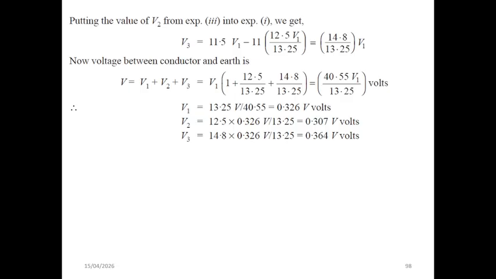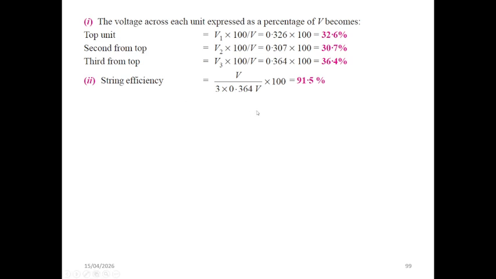And the final step shows the effect of capacitance on voltage sharing in the insulator string. Having the top unit, we can find all of the voltages, and then we can calculate the string efficiency based on this equation.